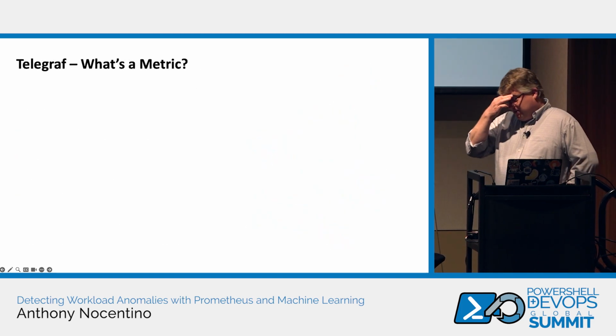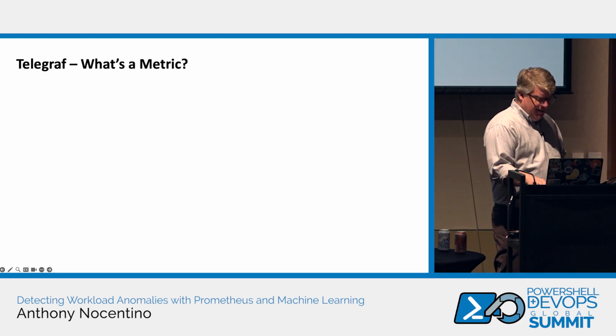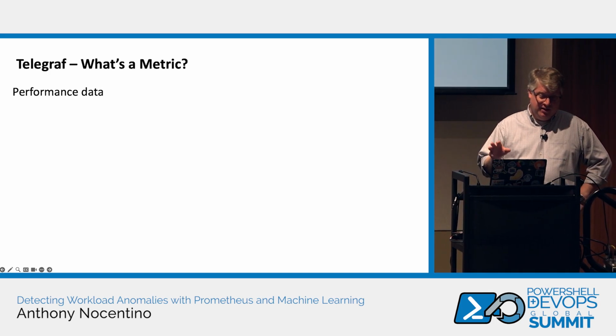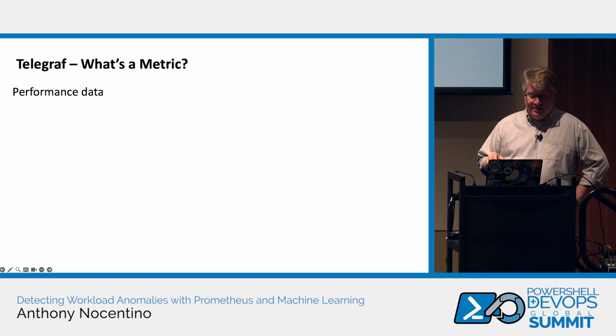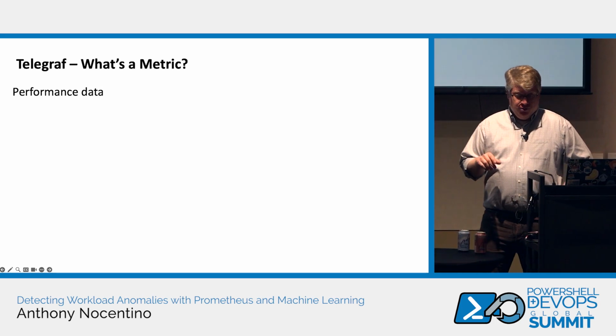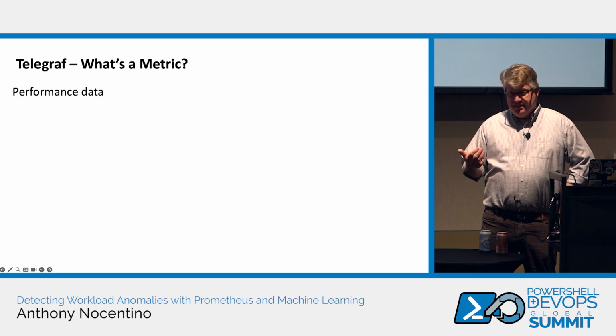Anyway, so Telegraf, what's a metric? Let's get into that. Generally speaking, it's going to be performance data, but I really want to make sure that we understand it also can be other elements of the business. I've worked with customers to instrument actual code to emit data, to get around things like business-level transactions.